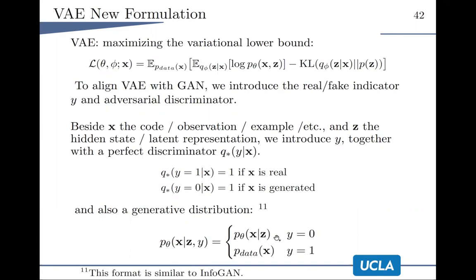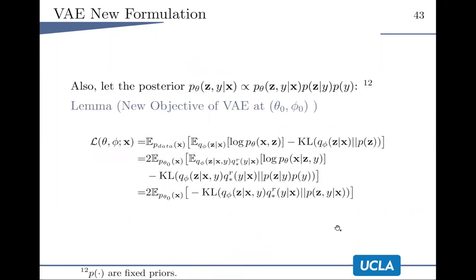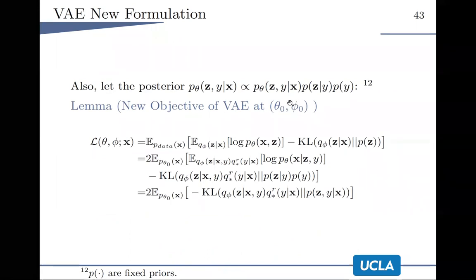Otherwise we generate the X from Z. And this equation is also given as a lemma. It's the new objective of VAE still at the point of theta 0, phi 0.